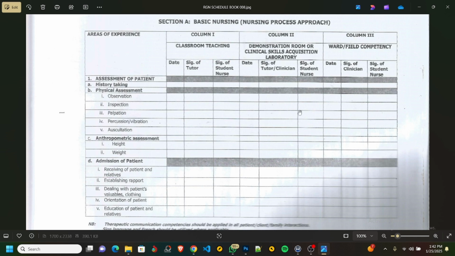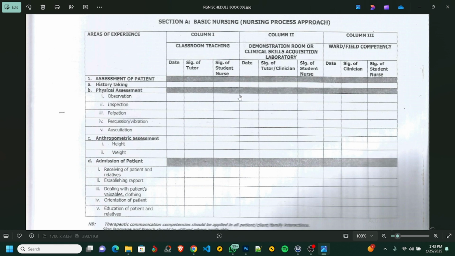So in situations where the tutor takes the students through a practical session in the skills lab, and any of these experience areas in the first column to the left here is done in the skills lab, then the dates on which those areas were taught in the skills lab will be indicated. Then the tutor will sign, and then the student nurse also signs.